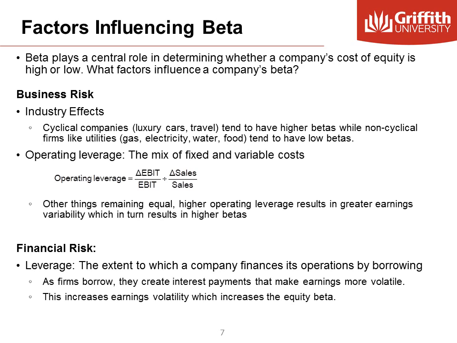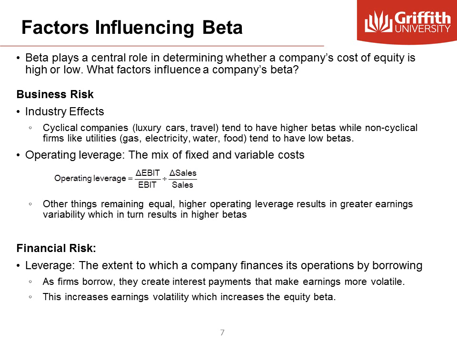Other things remaining equal, high operating leverage results in greater earnings and cash flow variability, which in turn results in higher betas. And this usually applies in capital-intensive industries which tend to have higher betas.